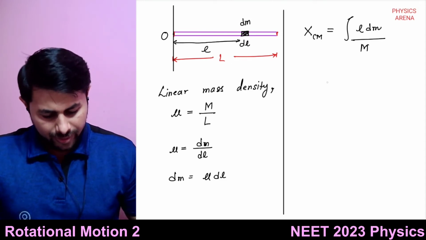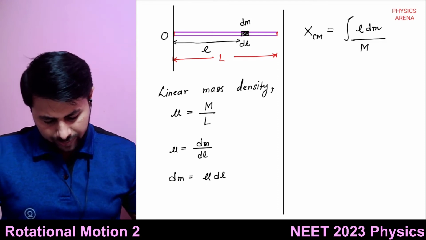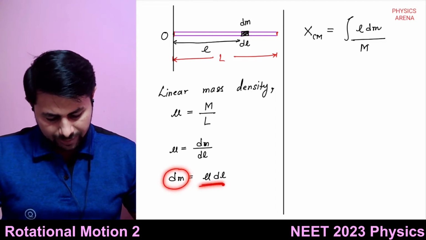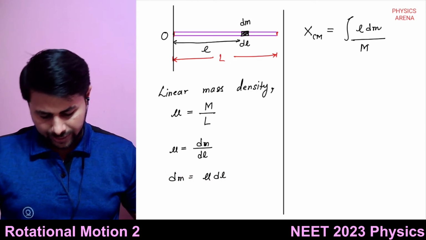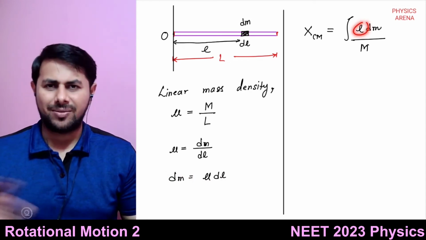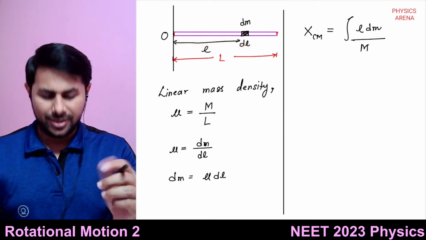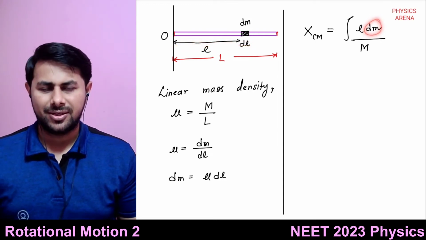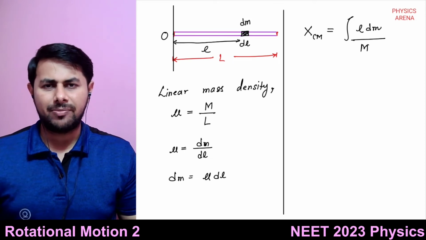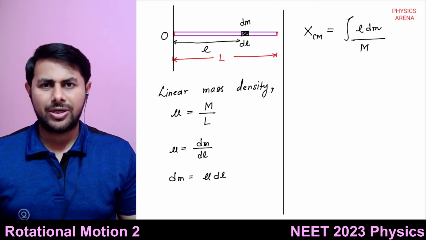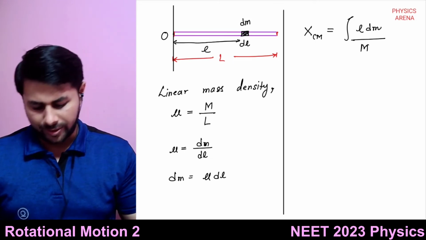All right. So now you can put dm equal to what? Mu times dl. Here you have two variables: one is length, meaning the x coordinate, and the other is its mass. So we have to convert it from two variables to one variable, because we want to integrate it over this body.